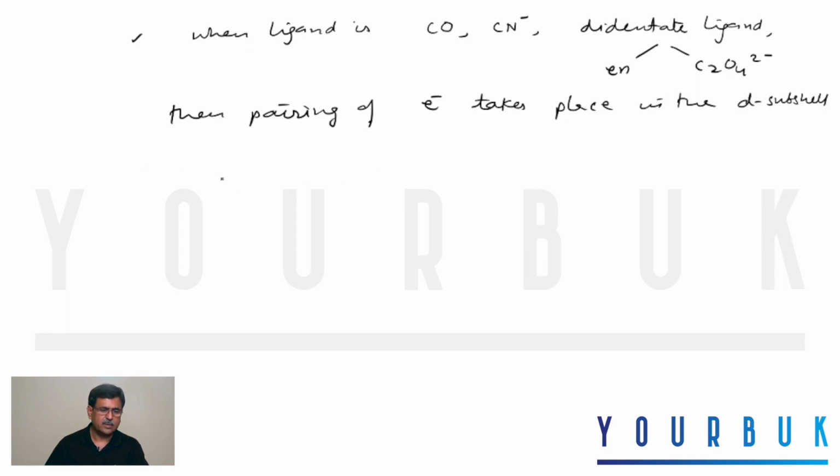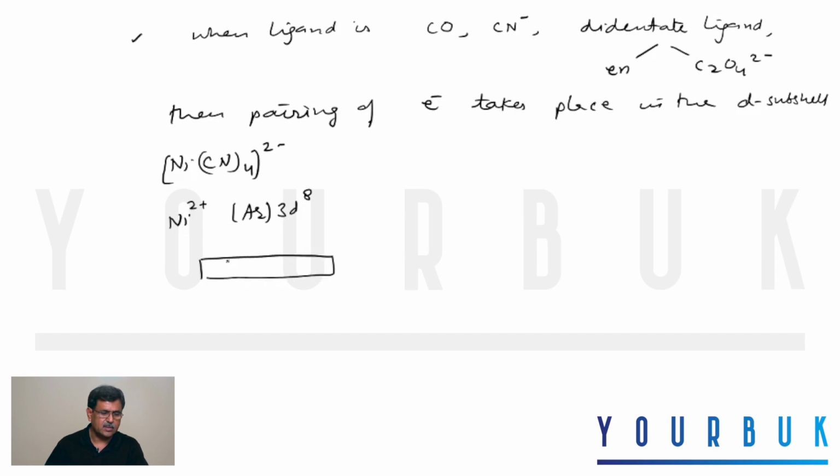For example, we are given Ni(CN)4 2-. This is a very important example. Nickel is in the +2 oxidation state with a configuration of argon 3d8. Since CN is present, the pairing of electrons will take place, so all 8 electrons in the d subshell are present as 4 pairs.